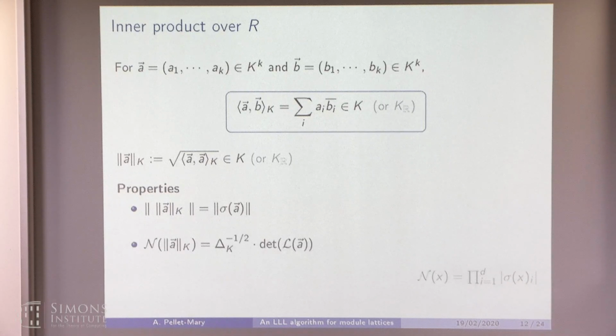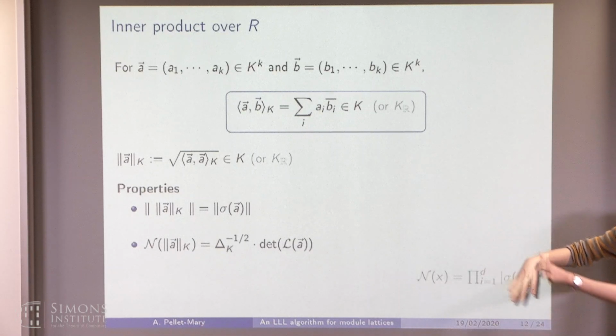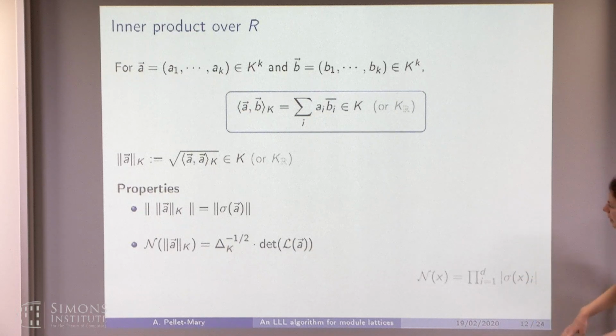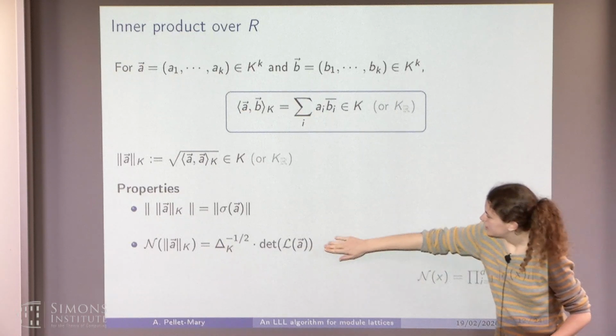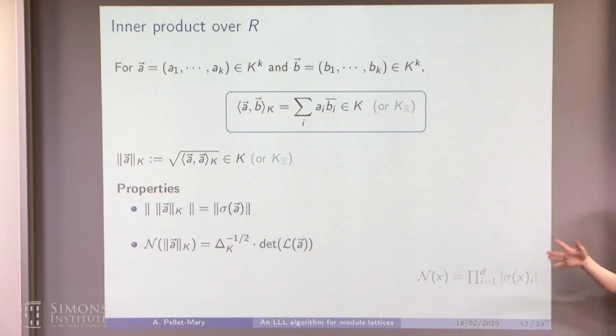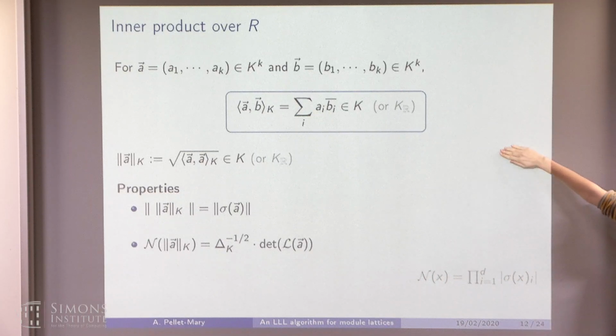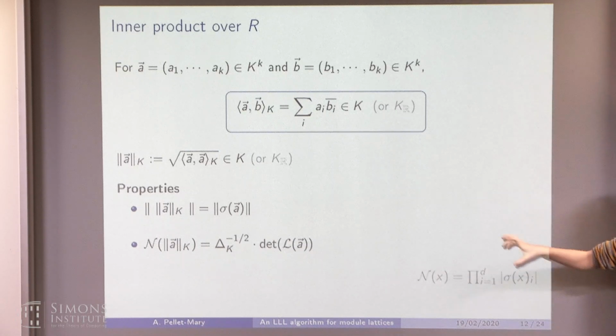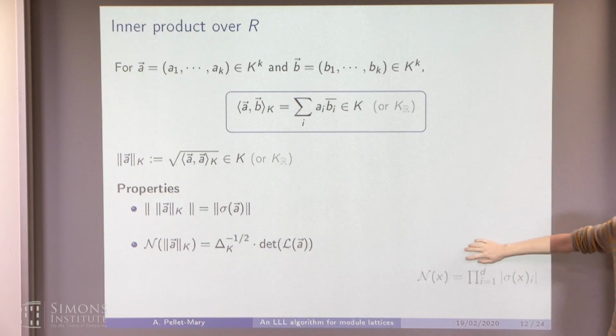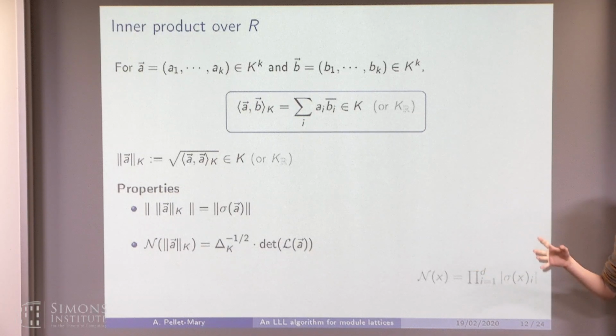Or I can take the algebraic norm of this quantity, and what it gives me, up to some delta_K that depends on the number field, is the volume of the module lattice spanned by this vector. So this norm over K captures both the length of the vector when I expand it, and the volume of the module lattice spanned by this vector, which are the two quantities I need to control.